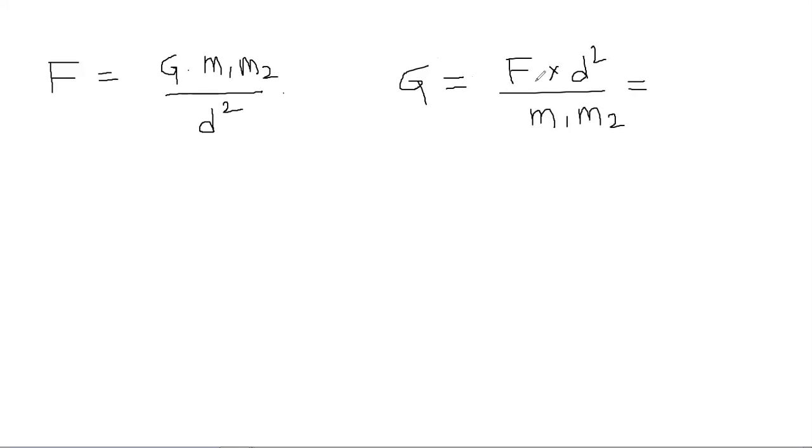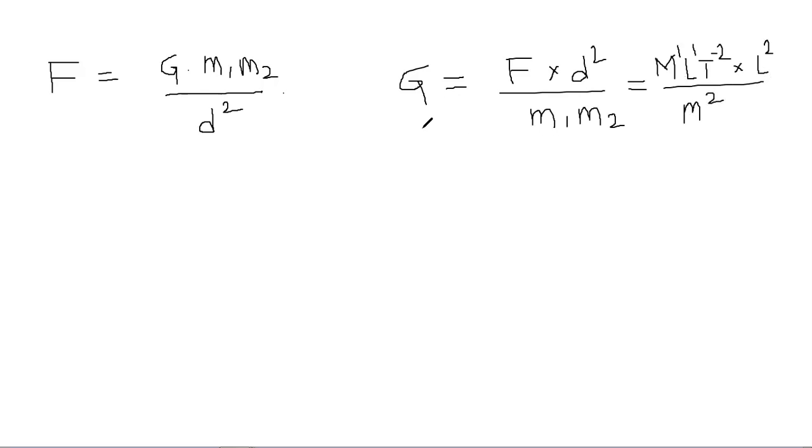We know the dimensions for F, that is M1 L1 T raised to power minus 2, and for d square we have L square as a dimension, divided by m1 m2, that is M raised to power 1 into M raised to power 1.